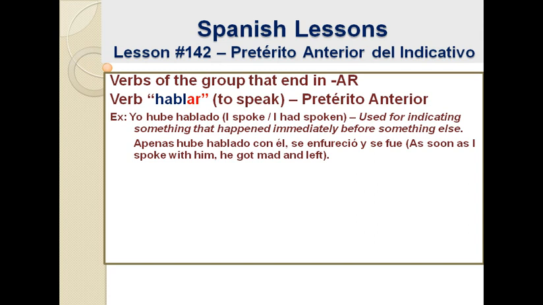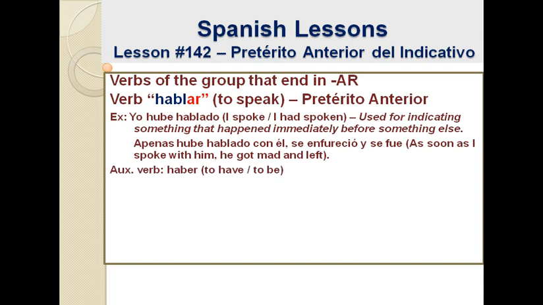So in everyday conversation, if we try to express this same idea, we'll probably use simple past or the pretérito pluscuamperfecto, right? However, this would be the pure or original way of saying this in Spanish, right? But that has with time been replaced by these other verbs.